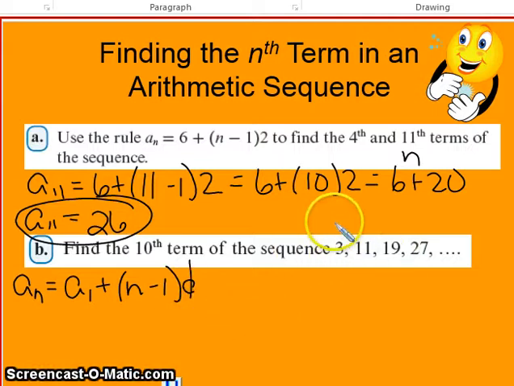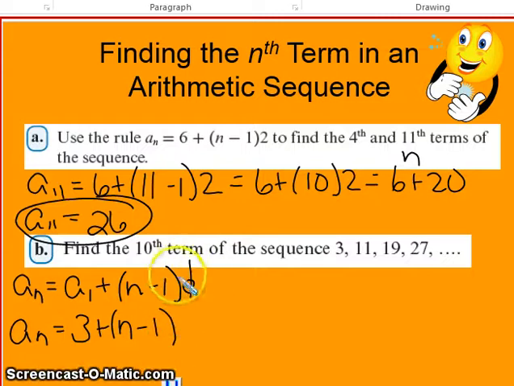Now I know the first term is 3, so I'm going to plug 3 in for a sub 1. Now I need to know the common difference. So let's see, the difference between 3 and 11 is 8. The difference between 11 and 19 is 8. The difference between 19 and 27 is 8. So our common difference is going to be 8. So I can plug 8 in for d right here.